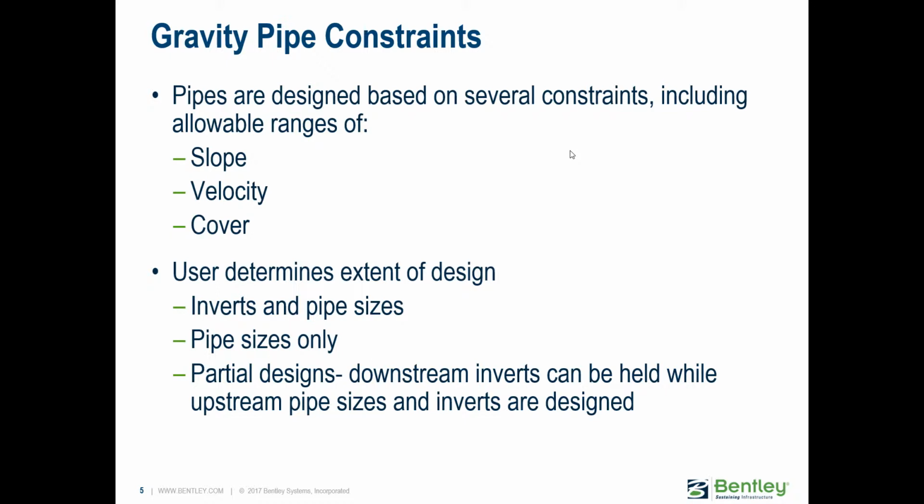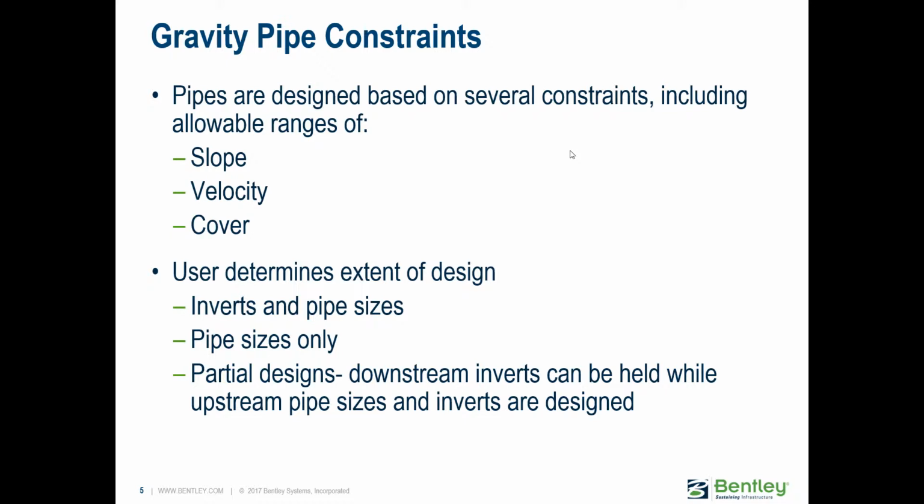And then you can say whether you want to modify the pipe sizes only, or you can also modify the invert of the pipe. Because if you allow the modification of the inverts of your pipes, you're letting it adjust the slopes, right? So if you want to modify the slopes, you need to let it move the ends up or down.